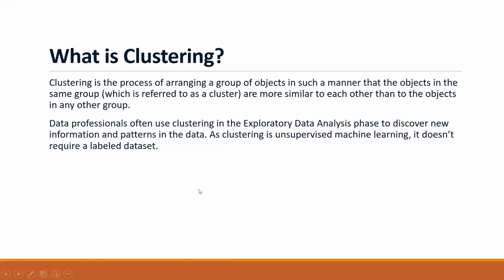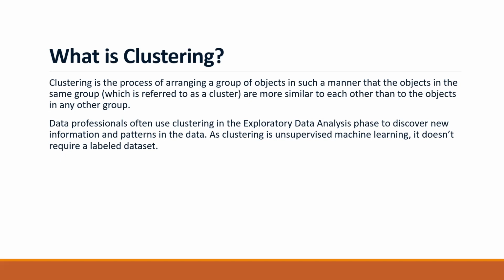Second is clustering. Now, what is clustering? As the name itself says, it is the process of arranging a group of objects in such a manner that the objects in the same group are more similar to each other than the objects in other groups. In clustering, the data is unlabeled.